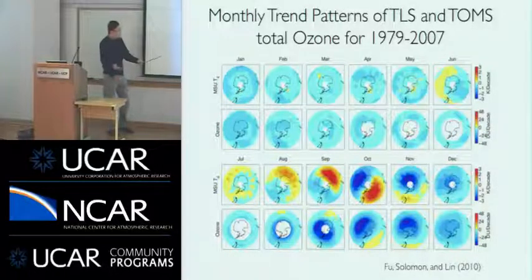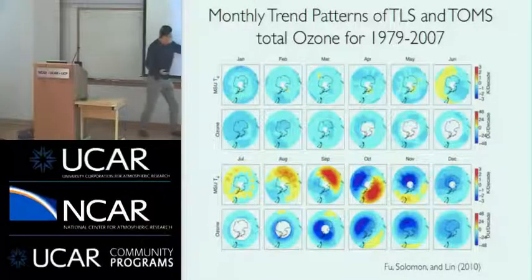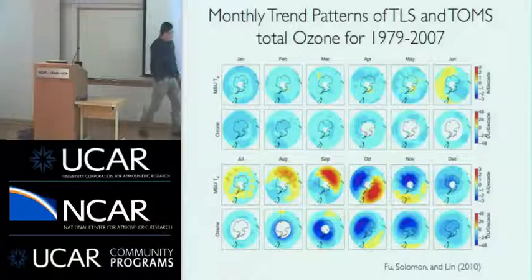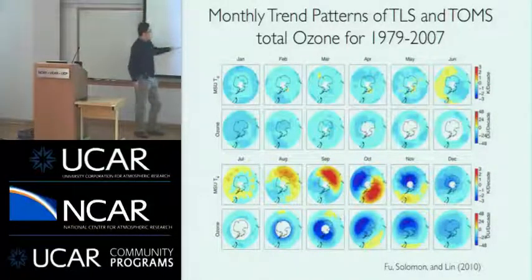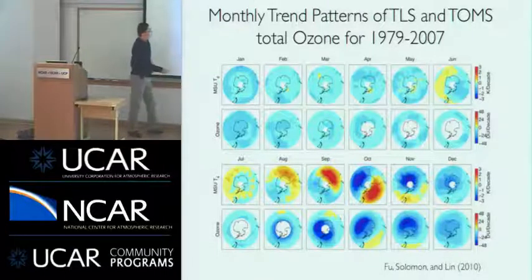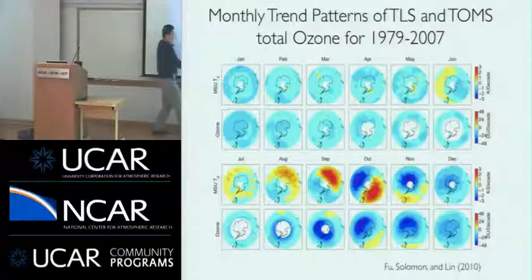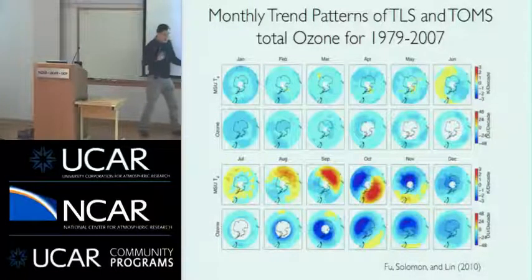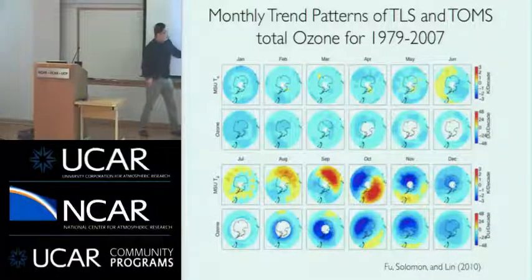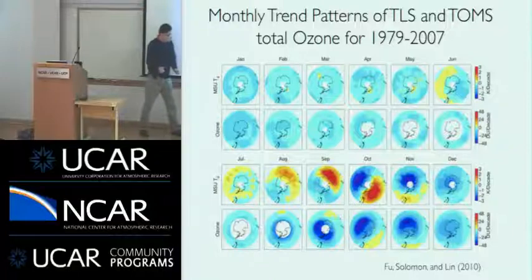So of course the temperature response to this would be a cooling trend, but here you not only see a cooling trend, you also see a warming trend, like in the Southern Hemisphere winter and spring season. When you do the average again, it's about zero, and for September it could be slightly positive. This is about zero when you average over the entire region, but the radiative part alone would respond with cooling. So there must be some positive part compensating this, and that's because of the Brewer-Dobson circulation.